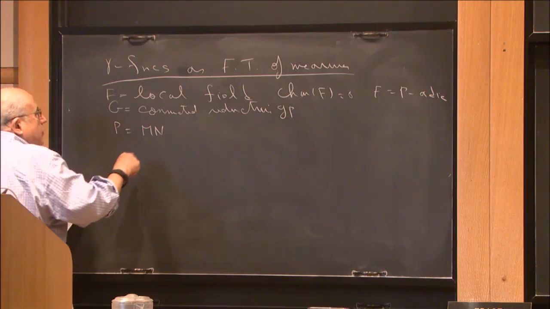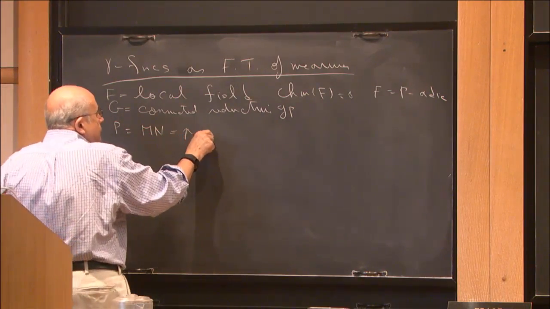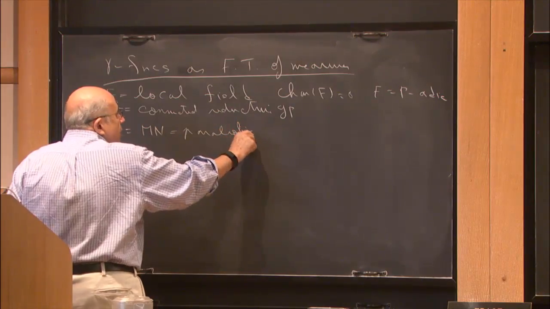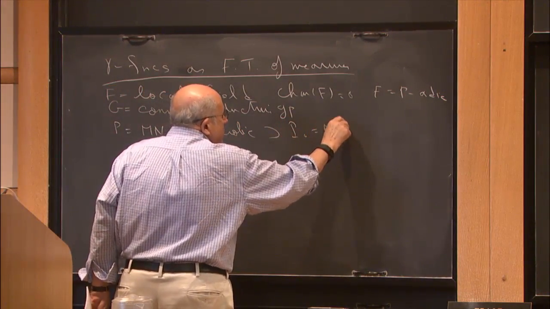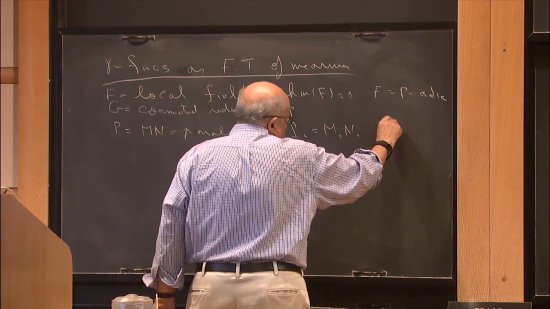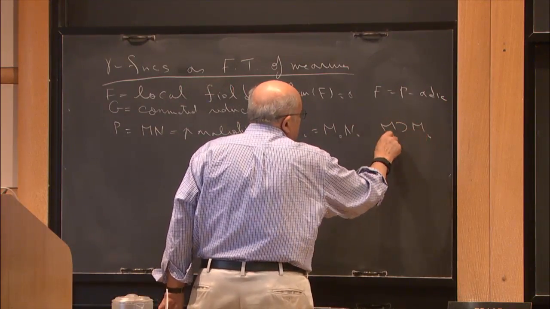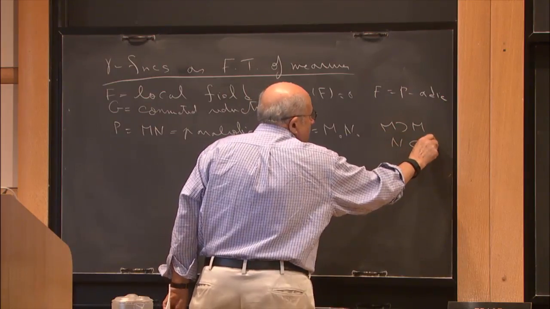MN, I write a Levi decomposition, parabolic. Now let me assume it contains a minimal parabolic, the usual way. So M contains M naught, and N is contained in N naught.